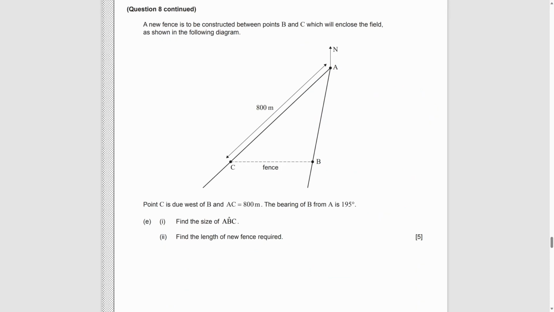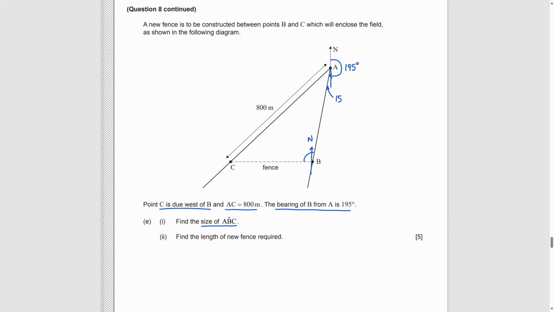Part E. We have a new diagram. C is due west of B. AC is 800 and the bearing of B from A is 195 degrees. That means here is 195. Then, we need to find angle ABC. The most important thing for a bearing question is that we better draw the north line at the points we need to consider and use the property of parallel lines.